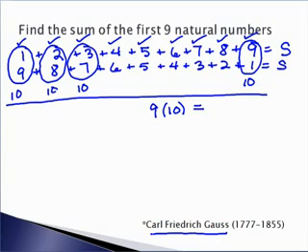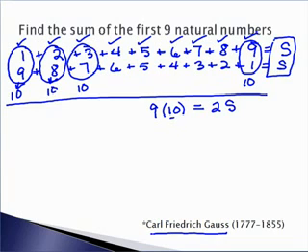You're going to get 90 because you get a 10 here and you get a 10 here, and there are 9 of those. And then on the other side, when we add s plus s, and the s represents the sum of the left side of the equation, we get 2 times the sum.